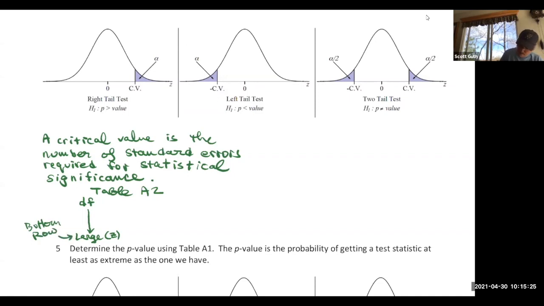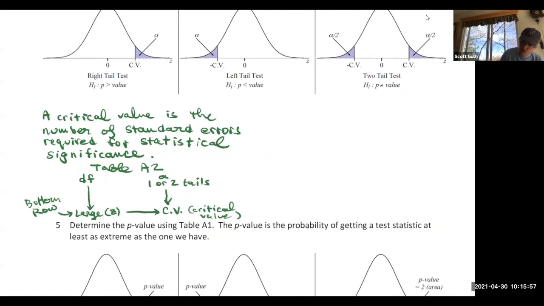Okay, then your alpha has to be under 1 or 2 tails. Here, like this. And this is CV, critical value. The number of standard errors required for statistical significance.